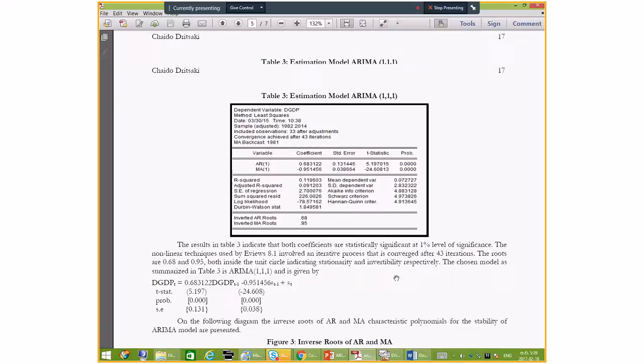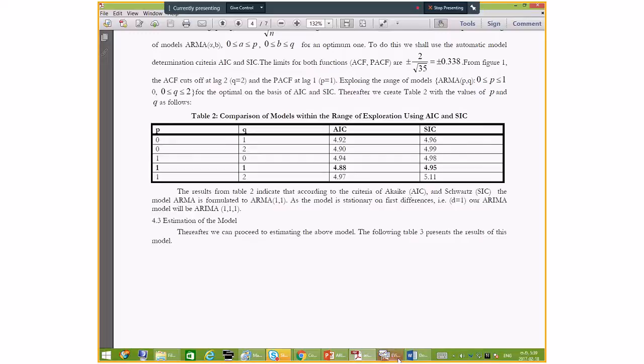Right. Now follow the same procedure in the same data set.